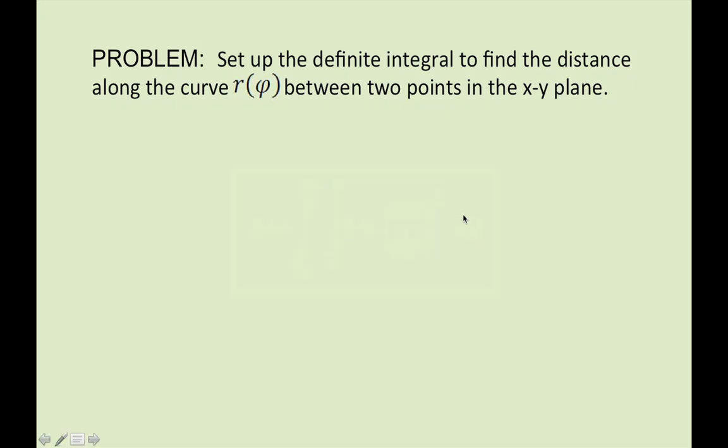In this problem, I want you to set up the definite integral to find the distance along the curve r of phi between 2 points in the xy plane.